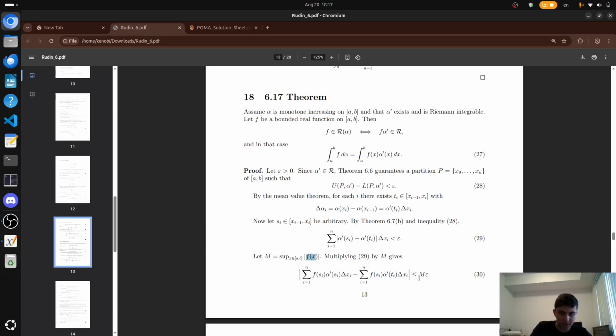So all of this is going to be less than this M times this epsilon, because we multiplied by the absolute value of f of x on both sides.